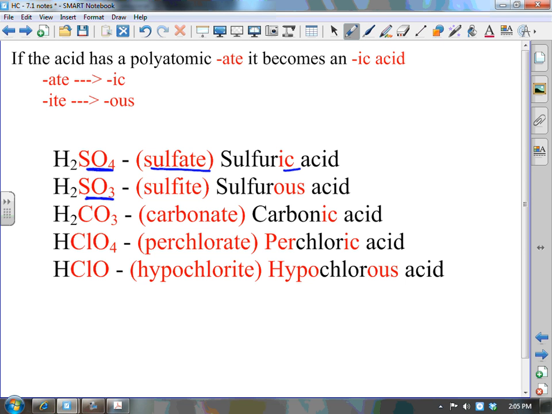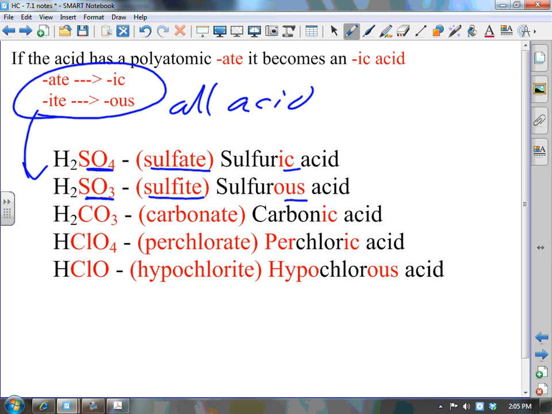SO3 in an acid, that's sulfite, sulfite in an acid, sulfurous, and so on down the line. So this rule applies for all acids, at least the ones we're worried about. Okay? So last little bit there about acids and what you're doing there. And we'll talk about those more as we get into later chapters.